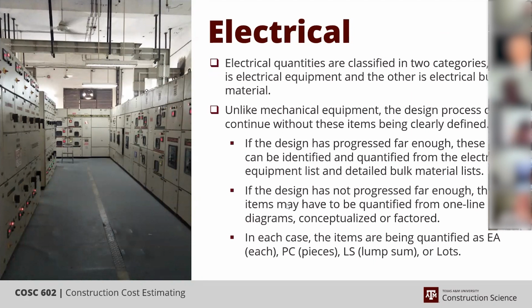Depends on the size of the building in reality, but we categorize everything predominantly in two categories: electrical bulks and electrical equipment. So, unlike the mechanical equipment, this design process of the plant can move forward without all the electrical items being designed thoroughly.